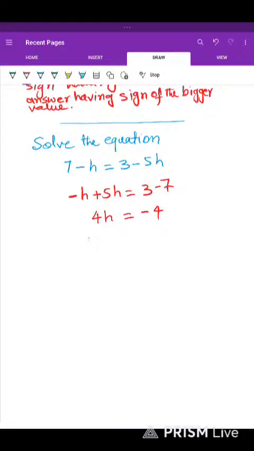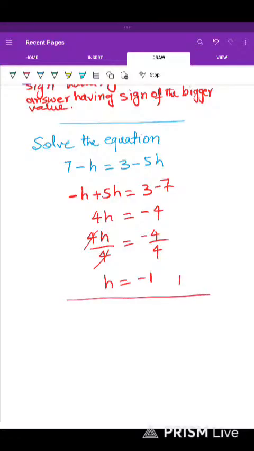We can divide both sides by 4, which gives us minus 1 on that side. So this is the answer. It is a very simple linear equation.